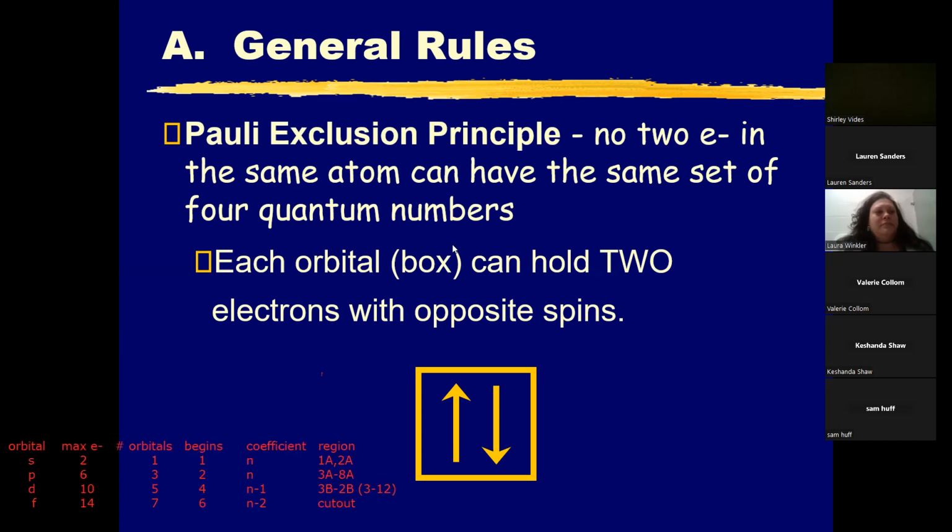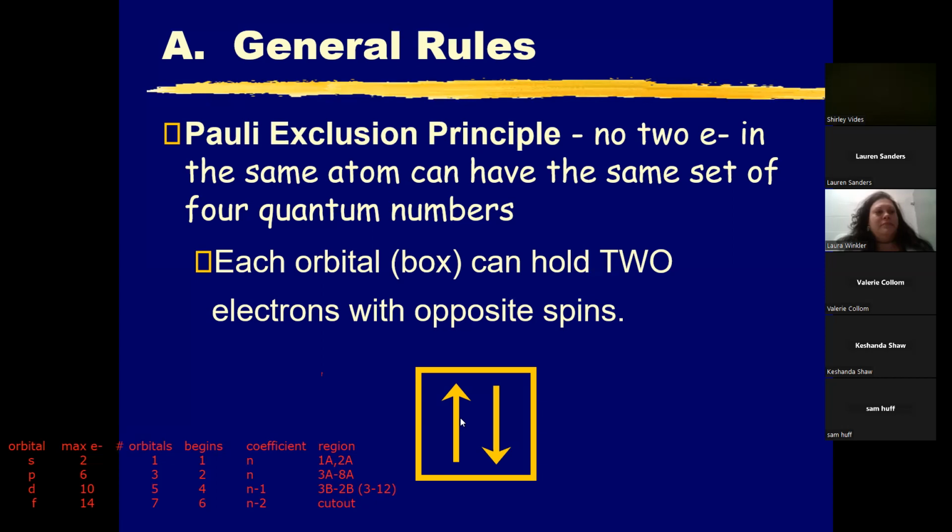Each orbital can only hold 2, but they have to be opposite spins. The spin is a quantum number. We're not talking about quantum numbers, but basically there are 4 that describe every single electron in every single atom. They are the principal, the magnetic, and one more I can never remember, and then the last one is the spin.